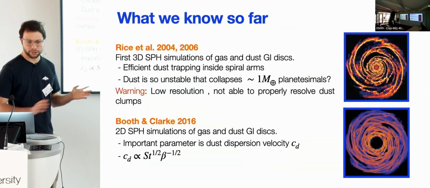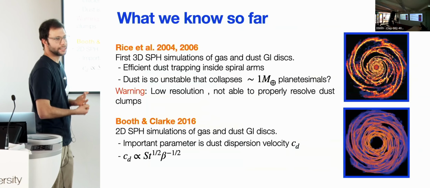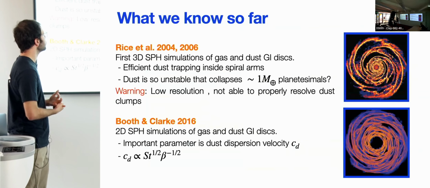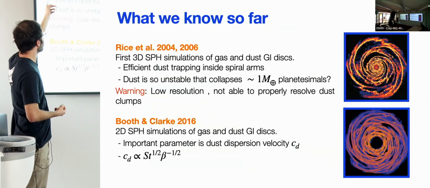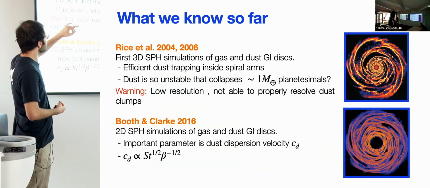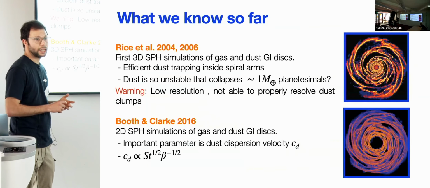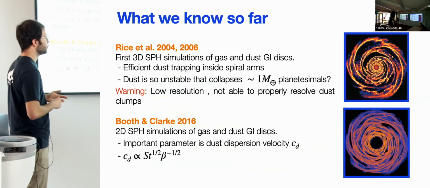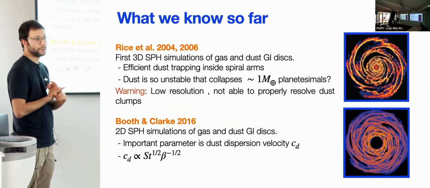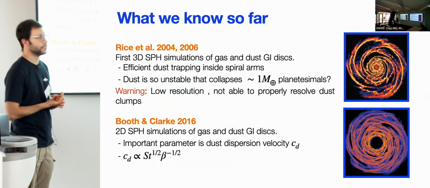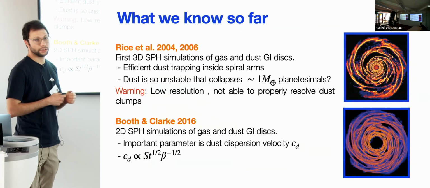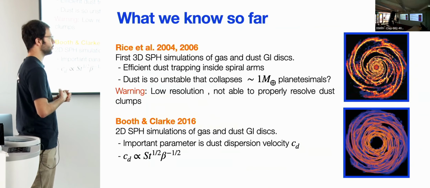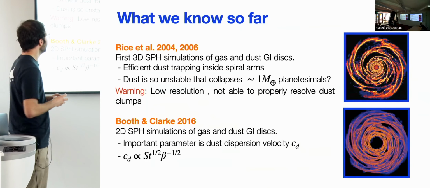And so what we know so far about dust dynamics in GI disks. From SPH simulations by Rice, they found that spiral arms are efficiently trapping dust because spiral arms are both pressure maxima and gravitational potential minima. And so the dust trapping is really efficient, and the dust-to-gas ratio inside this structure can also reach values of about 1.